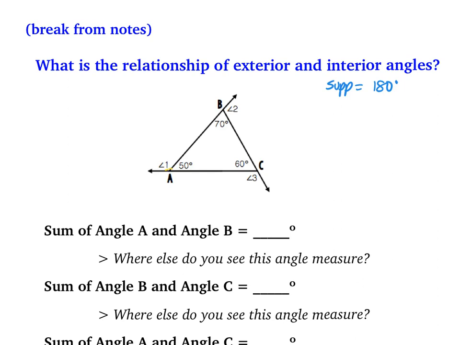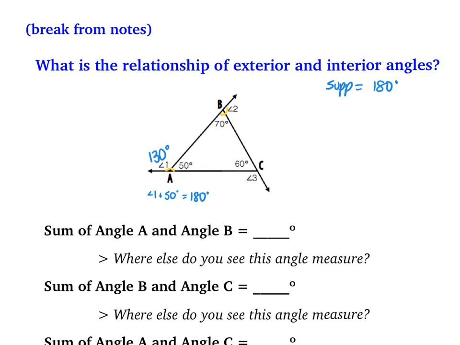So here I see that angle 1 and 50 degrees are supplementary because they form that straight line. So I know that together those equal 180 degrees. Well, that means that angle 1 would have to be 130 degrees. I can keep using that same logic to calculate the exterior angles of angle 2 and angle 3.